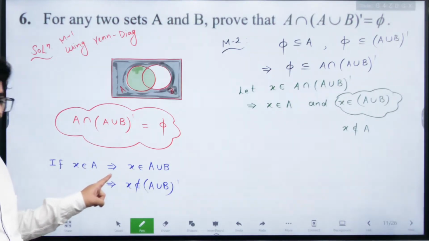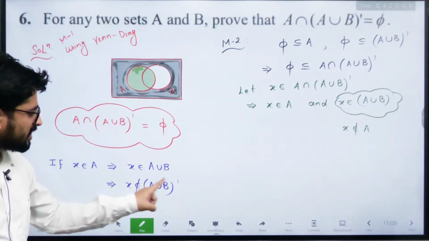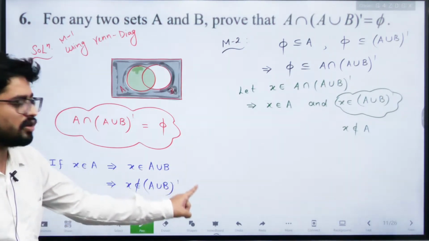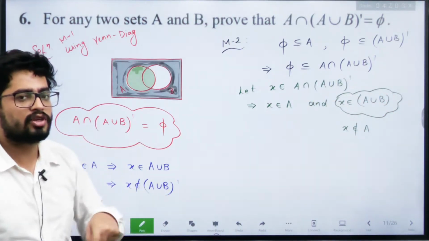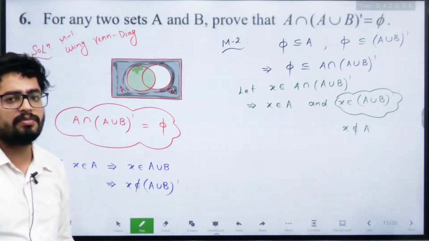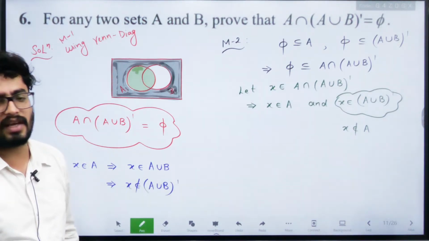If x is in A, then we know x belongs to A union B, and if x is in A union B, then x is not a member of A union B whole complement. And here we know x belongs to A union B complement, so x is not a member of A union B. So x does not belong to set A.